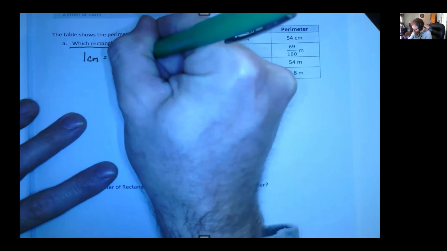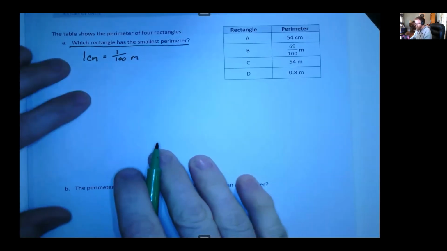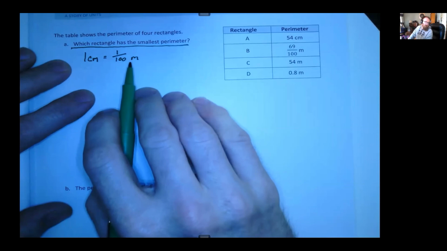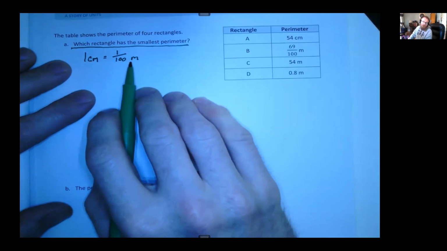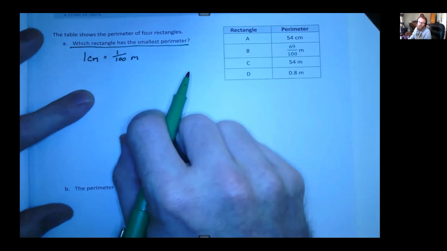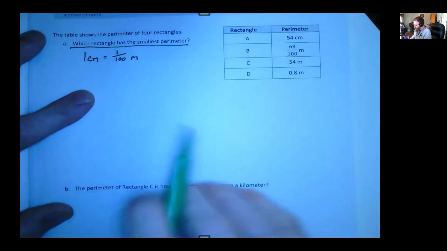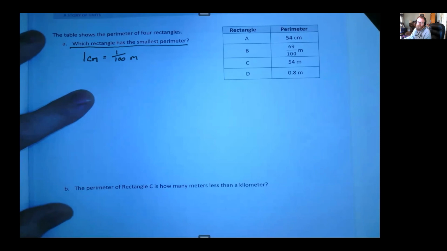It's important to remember that 1 centimeter equals 1/100th of a meter. 1 meter divided by 100 gives us 1 centimeter. So in order to compare these numbers, we need to rewrite them in a way that we can compare them.